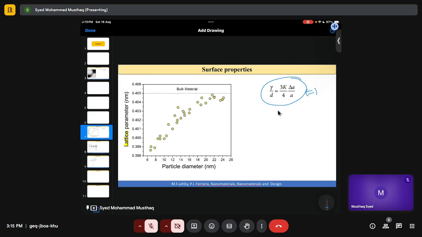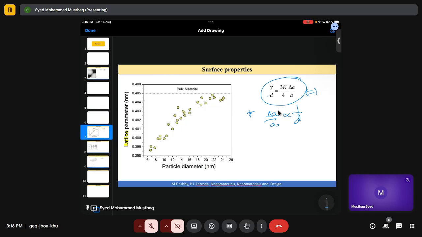Yeah. Now, the lattice parameter changes. How does the lattice parameter change? Because see, this is our actual relation.